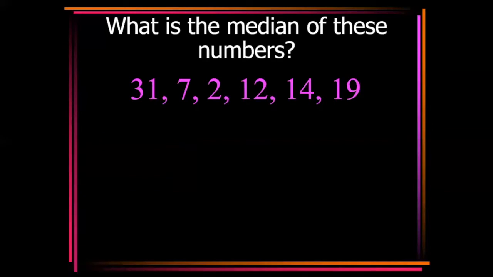What is the median of these numbers? 31, 7, 2, 12, 14, and 19. What is the median of these numbers? Okay, for those who are giving me 2 numbers, what do I do?